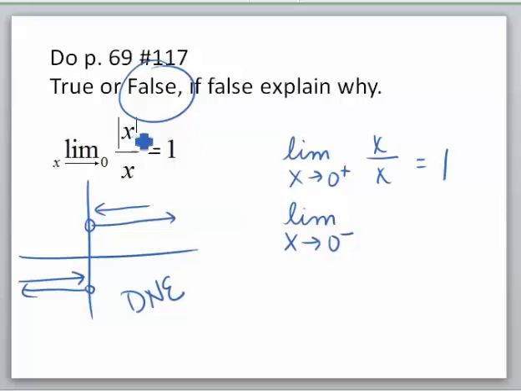Those numbers are negatives, negative 1, negative 2. So you'd be talking about the negative x over x, which means this limit equals negative 1. They're going to two different spots, so the limit does not exist. You could have used either explanation. You could have said that it's false because of the graph or because of the analytical work, or you could say both.